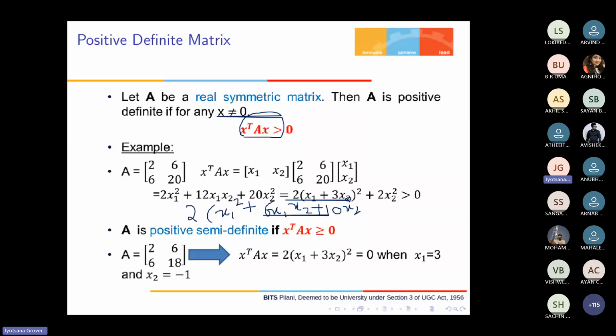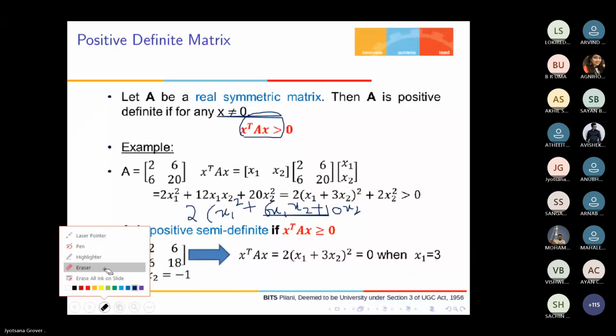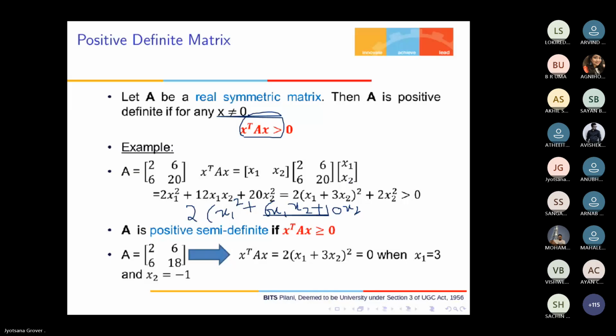Now somehow, how will you make it a square?